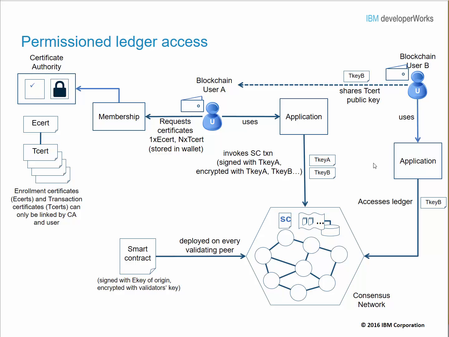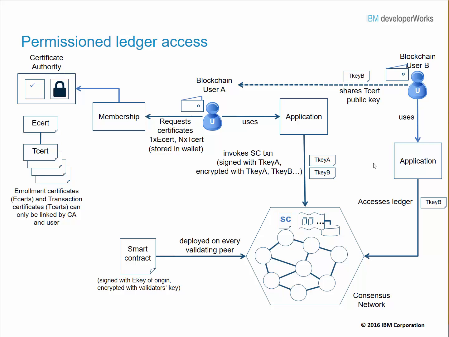It's encrypted with the transaction keys of both user A and user B. So these are the participants in this particular transaction. And then it's recorded in the ledger. What this means is that even though this particular transaction is in the public ledger, only user A and user B could actually read it or make sense of the data.